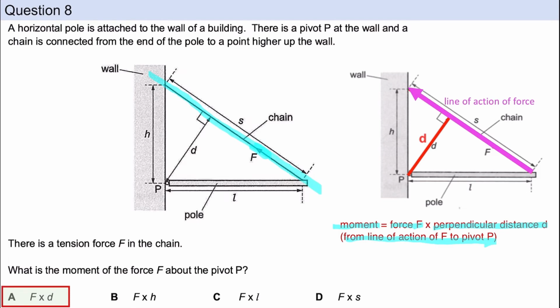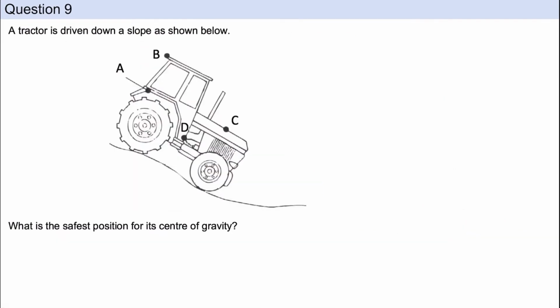Since this is the pivot, there will be a perpendicular distance. So F times D will give you the moment of force F.